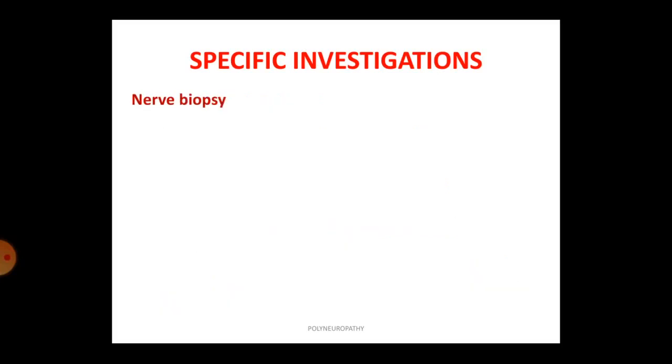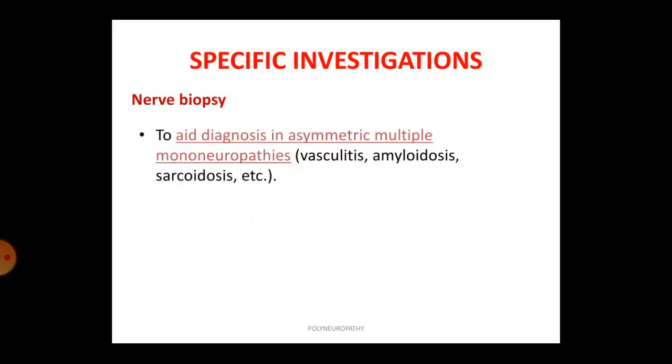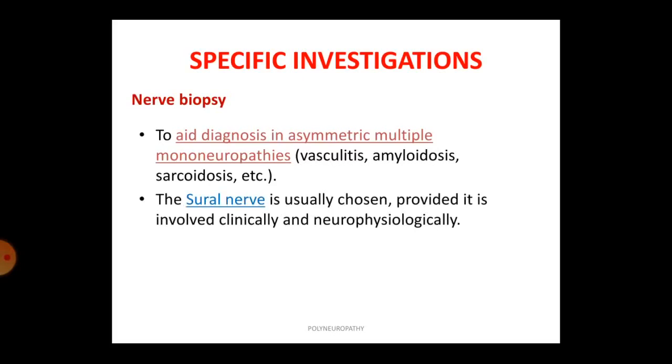Now biopsy. Biopsy means the tissue will be taken and examined. It will aid the diagnosis in asymmetrical multiple mononeuropathies, like in case of vasculitis, amyloidosis, sarcoidosis. Now, generally, which nerve will be taken for biopsy?